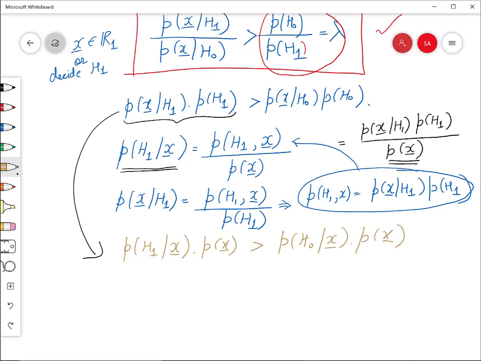See, probability of x is independent, it is a constant, so you can cancel out these two quantities, and what we are left with is the probability of h1 given x is greater than probability of h0 given x. We know these probabilities are called posterior probabilities.